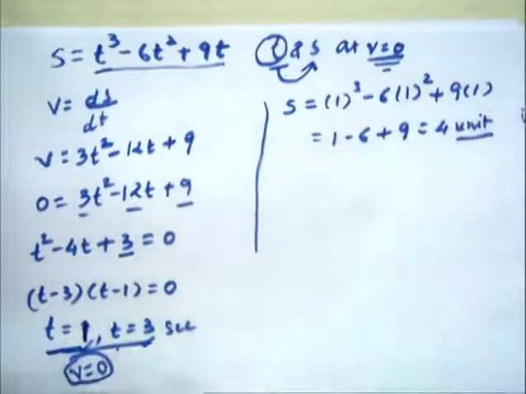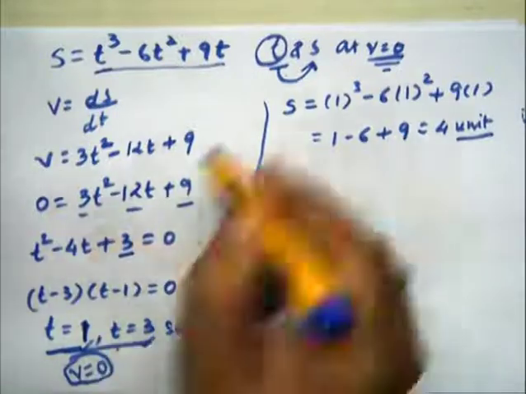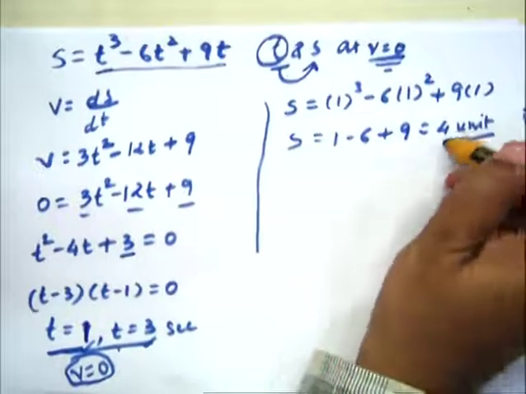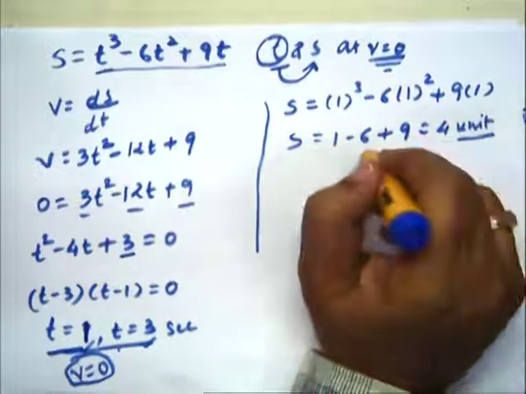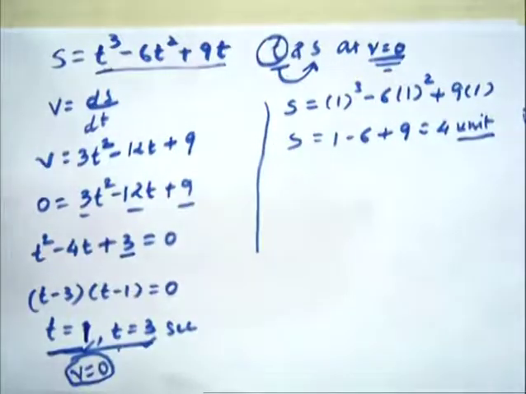So at t equal to 1 second, where the particle stops, the distance covered is 4 units. This is the first time the particle stops, and at that time the distance covered is 4 units.